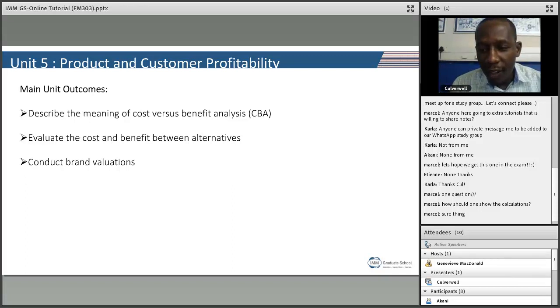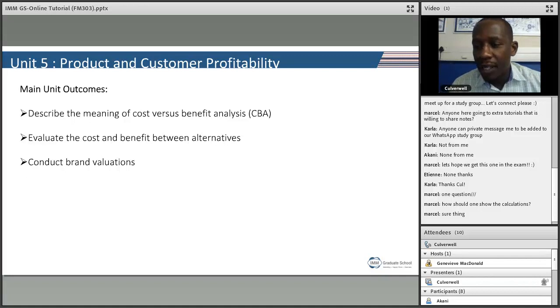These are the 3 main objectives that I picked out of this unit. You should be in a position to know what we refer to as cost versus benefit analysis. In short, we're saying when one needs to implement a project, remember in FM302, learning unit 6, you are calculating: does this product give us a positive NPV?